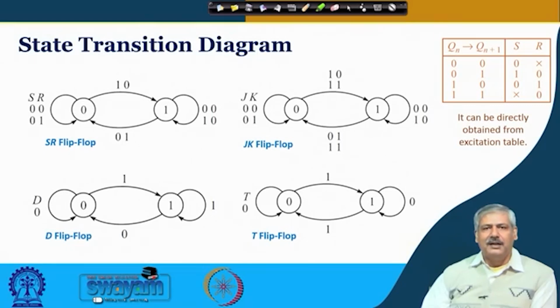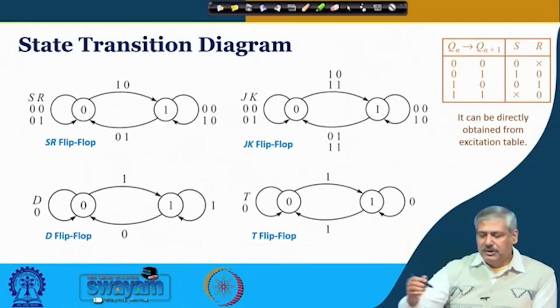Transition means that when the excitation comes at the input, it can make a transition. Whether it will make a transition to next state as 1, or remain in the same state, that is 0 if the present state is 0. That is visualized pictorially through a state transition diagram.